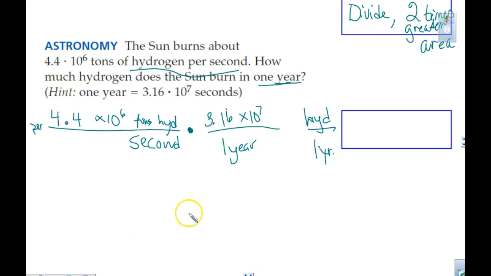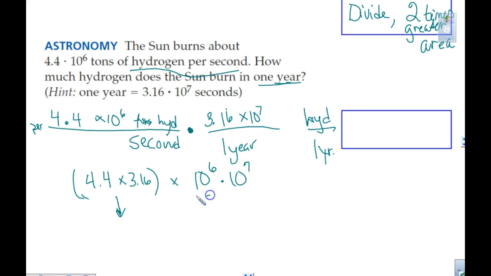So when we start multiplying on your calculator, doing our multiplication from last week, 4.4 times 3.16. That's going to be our first part of our answer. Times 10 to the 6th times 10 to the 7th.